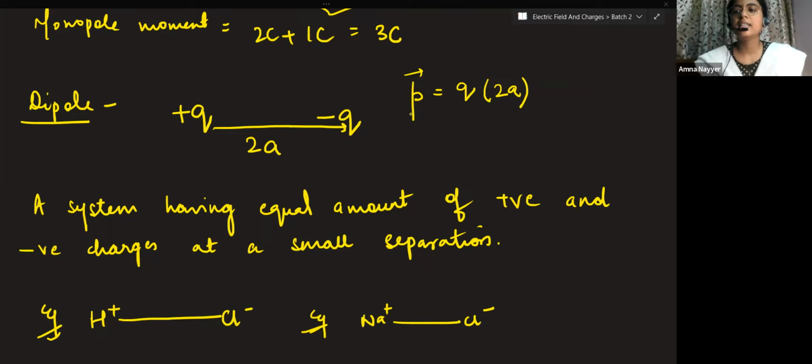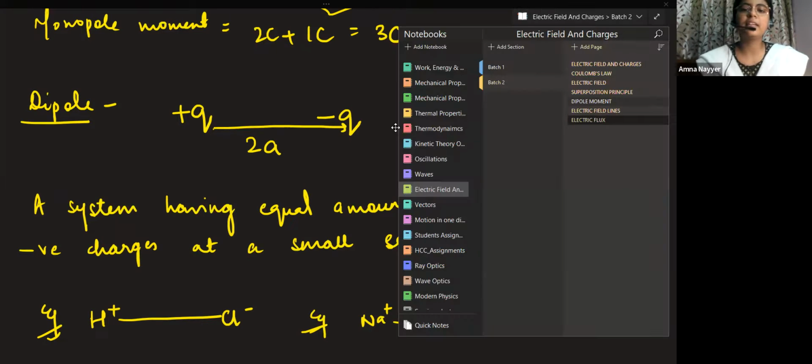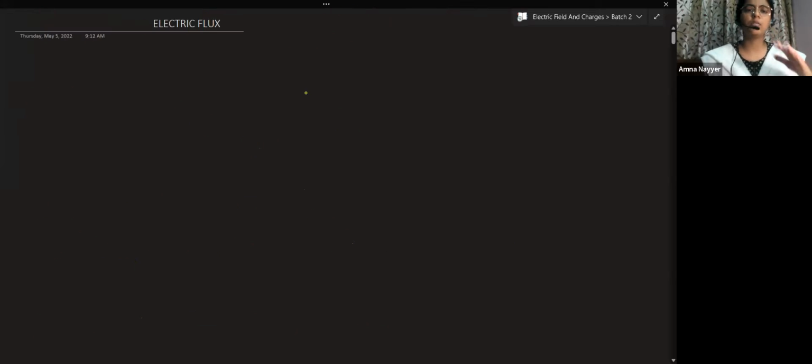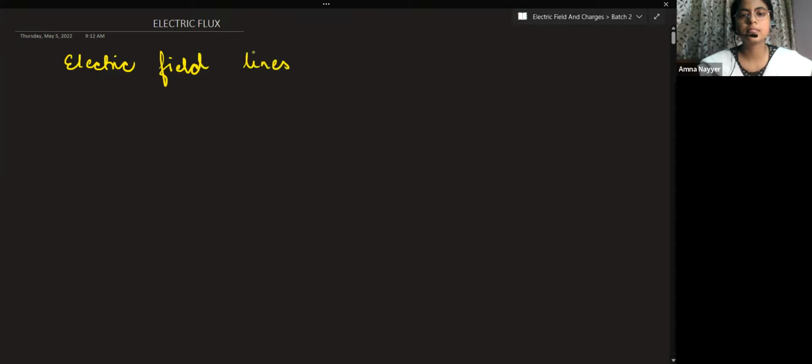All right. Let us begin with electric flux today. We'll cover whatever rest of electric field lines in the next class. For studying electric flux, you have to understand the concept of electric field lines. So just remember, electric field lines are the pictorial representation of electric field.